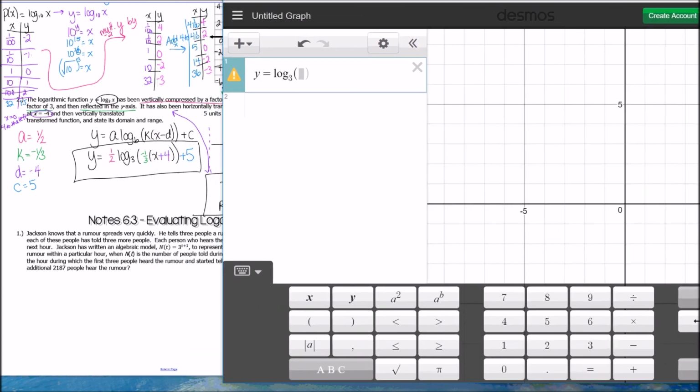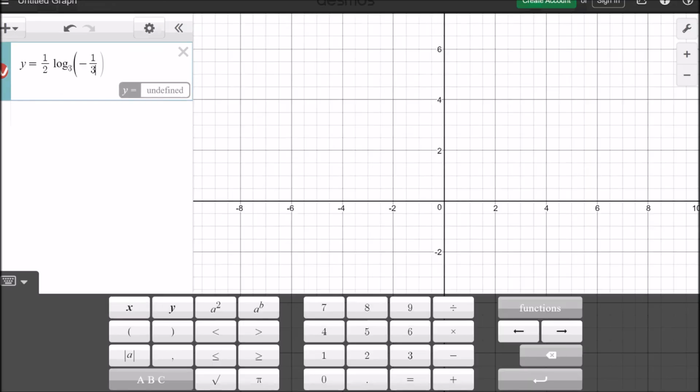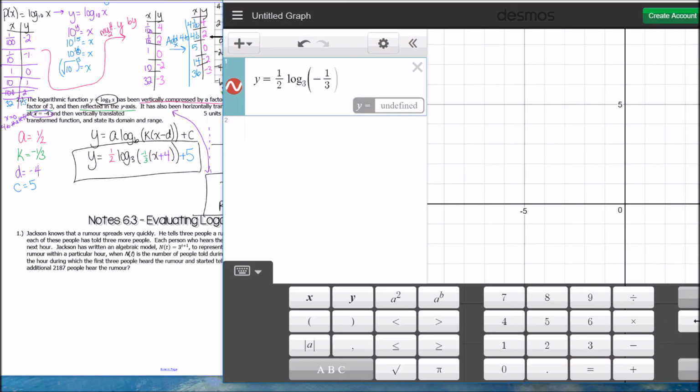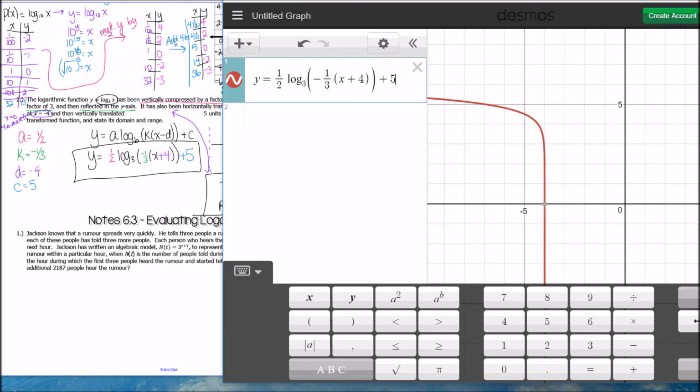But let's go ahead and put this 1/2 in front first. So 1/2 log base 3 of -1/3. And then right here we're going to type in x plus 4, close our brackets twice, and then we've got our plus 5, and this is what our graph will look like right here.